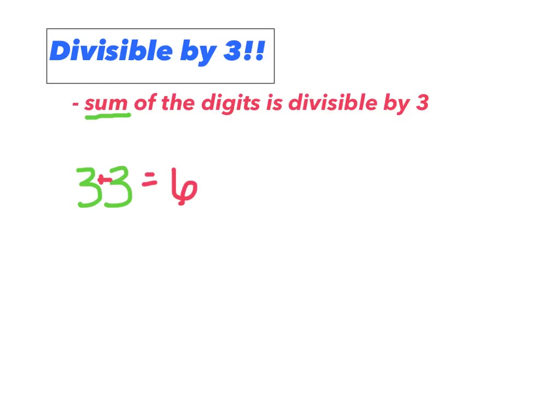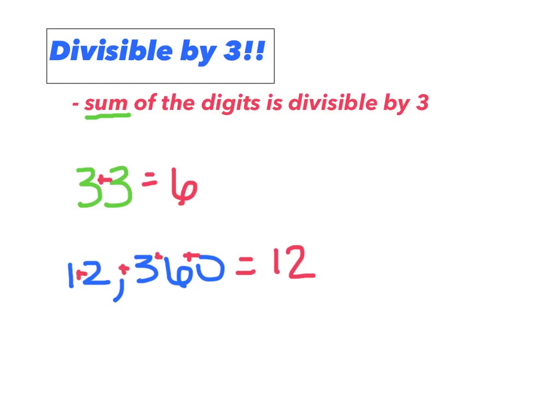Or you can do larger numbers. You could do the number 12,360, and the same rule applies. You could add up all of these digits. 1 plus 2 is 3, plus 3 is 6, plus 6 is 12, plus 0 is 12. 12 is divisible by 3. 12 divided by 3 is 4. Or, since you have 2 digits right here, you could do 1 plus 2 is 3, and the number 3 is divisible by 3.